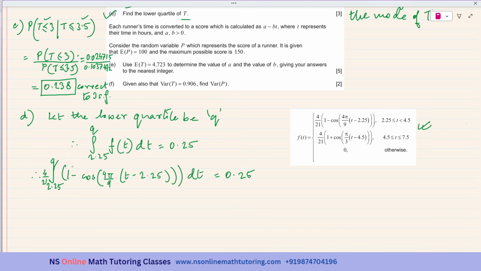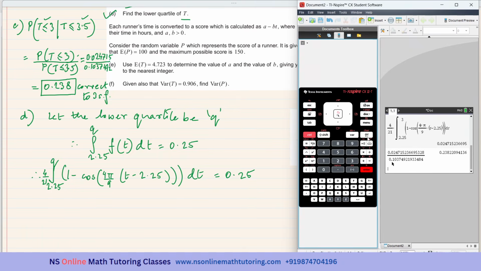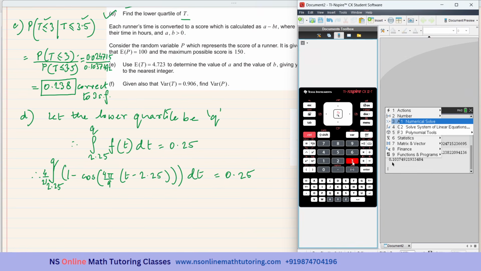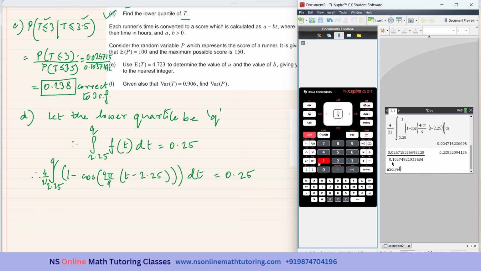Okay, and we have to solve for Q, so we will be using the nsolve. So menu and algebra, number 3, and number 1 is numerical solve.